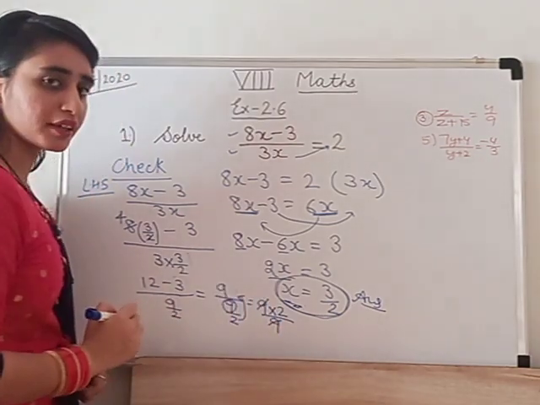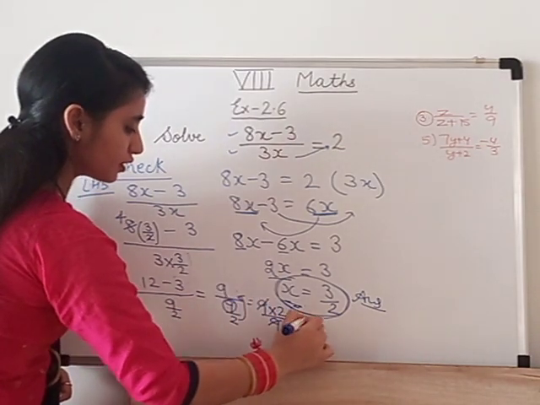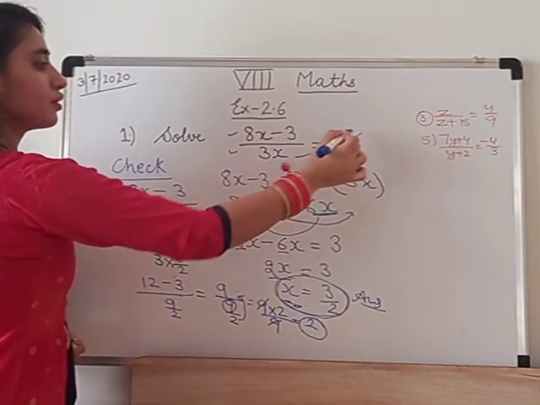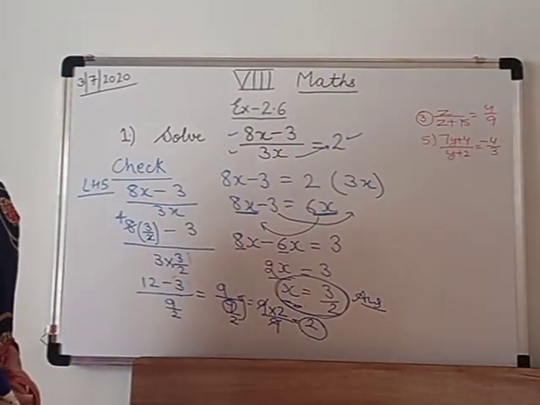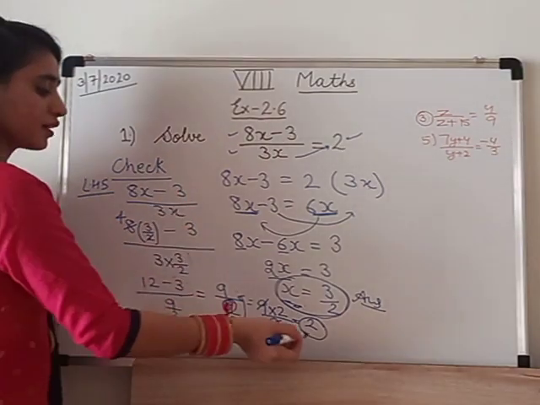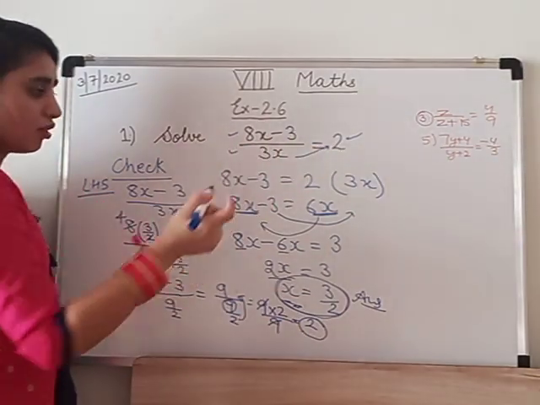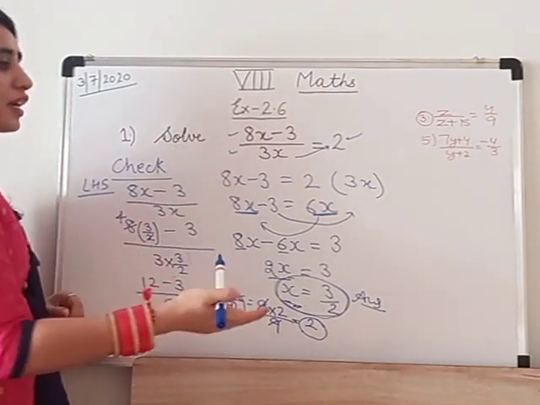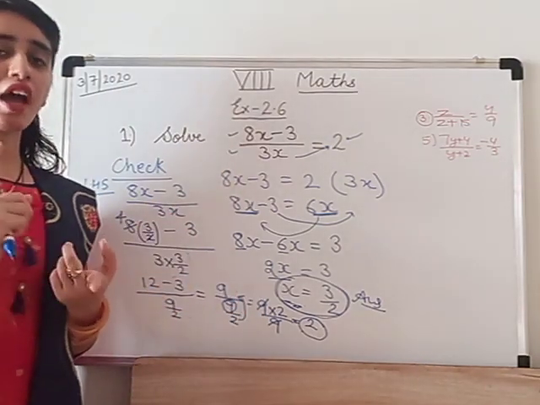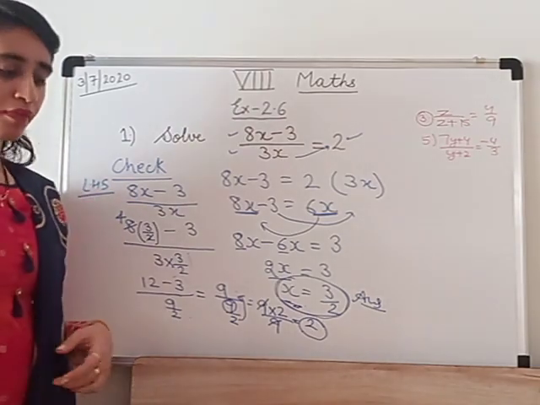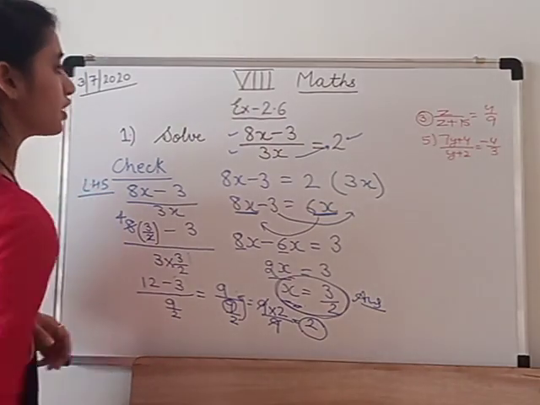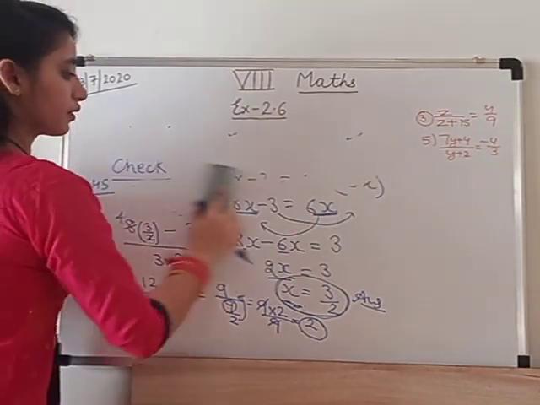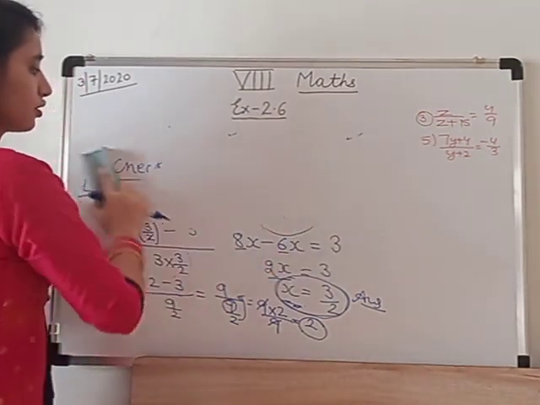Cut this 9 into 9, then the answer is 2, which is equal to the value of the right hand side. So left hand side is equal to right hand side, so our answer is correct. Okay, like this you can check each and every question. Now our next question is question number 3. Okay, the second question, you try yourself.